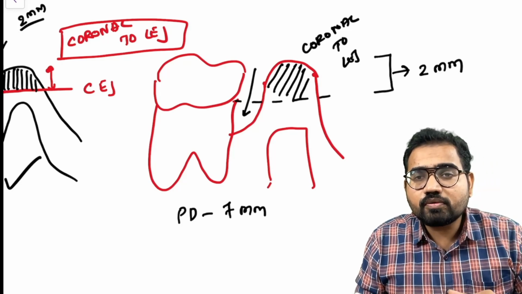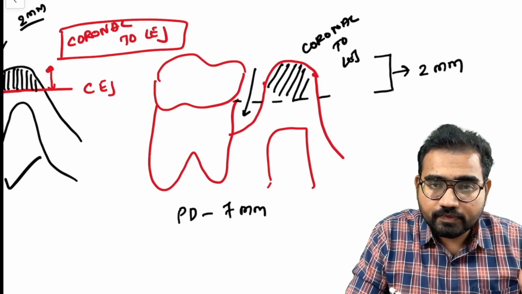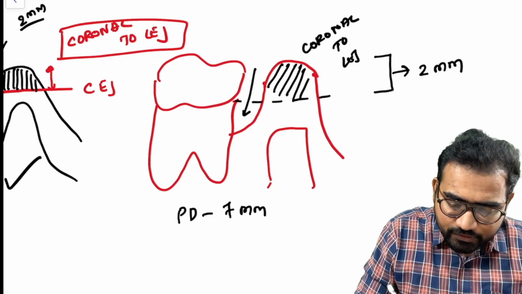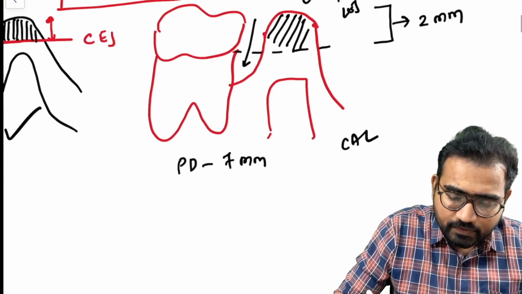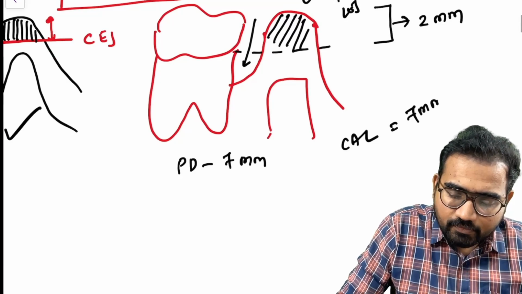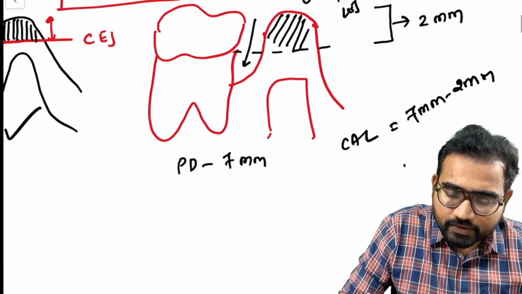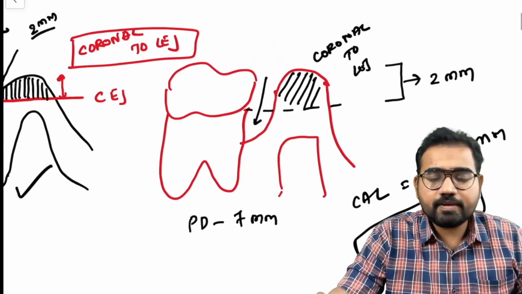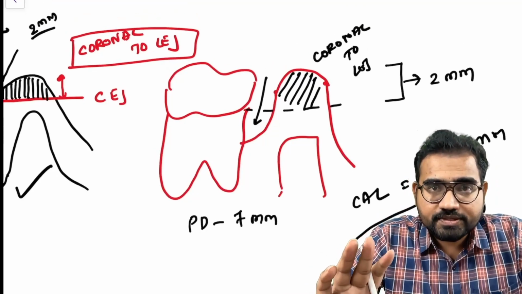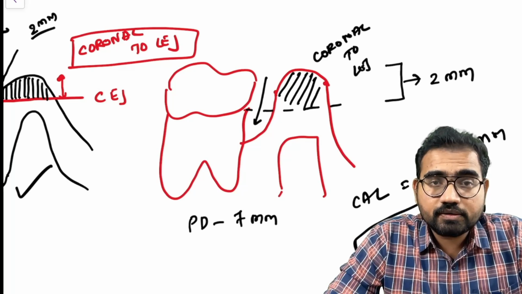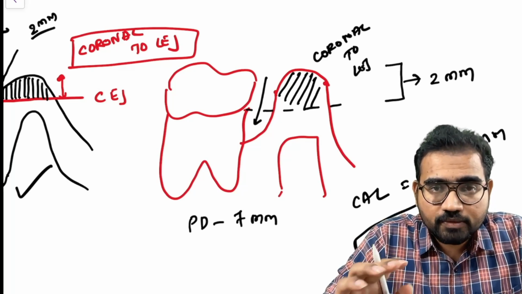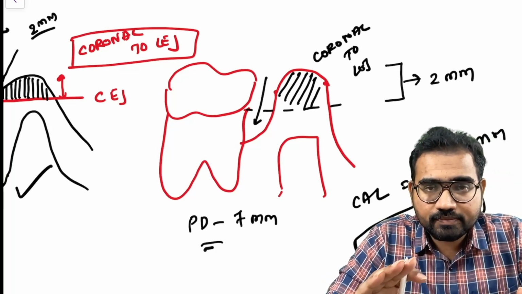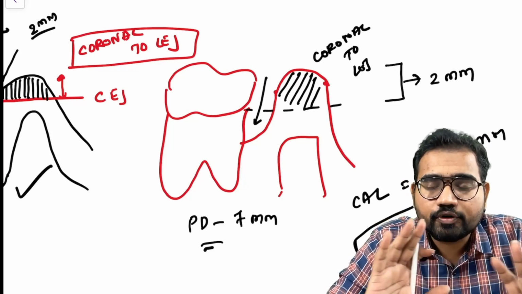So I subtract the distance from the gingival margin to the CEJ from the probing depth, which means for this patient CAL is 7 mm minus 2 mm, which is equal to 5 mm. A patient with the gingival margin coronal to CEJ but having a pocket: I measure the pocket depth, 7 mm, subtract the distance from the gingival margin to the CEJ, and give it as CAL.